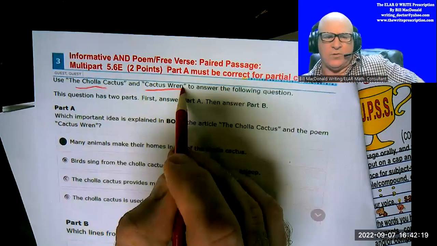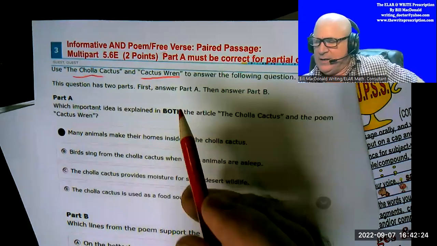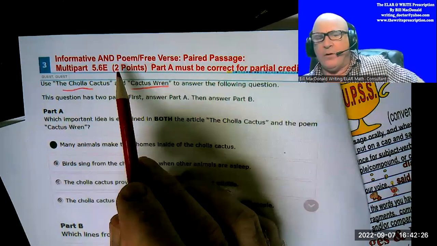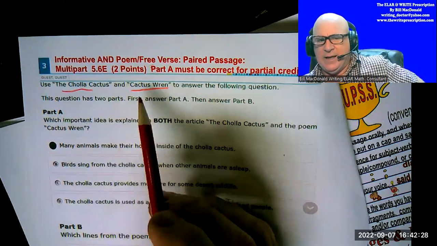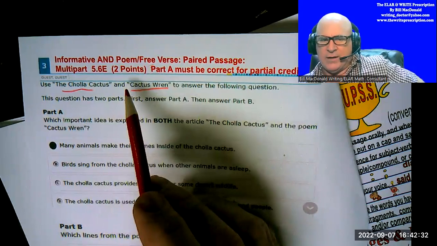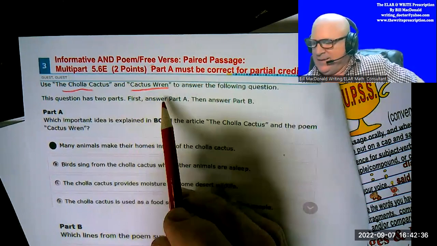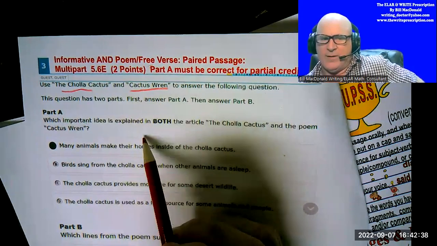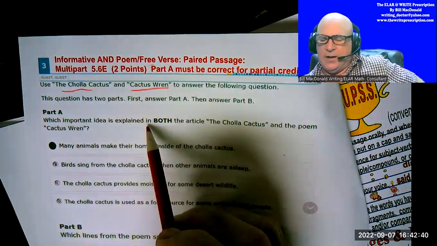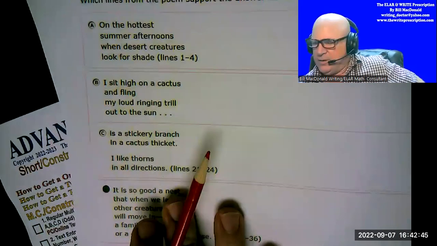And so what does it say? Multi-part. And again, it's important that you understand that in multi-part, not multi-select, you have to get part A correct to get the first point. Even if you get part B correct, if you do not get part A correct, it states very clearly that you will not get any points.